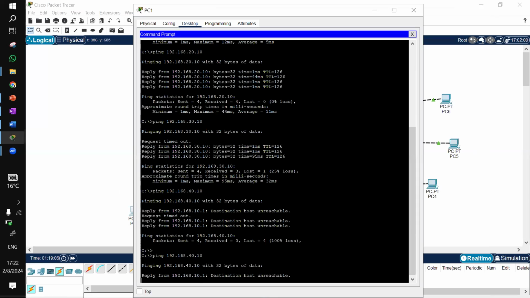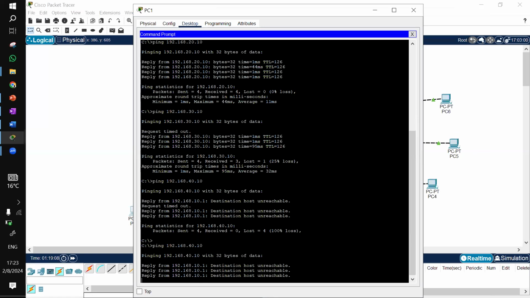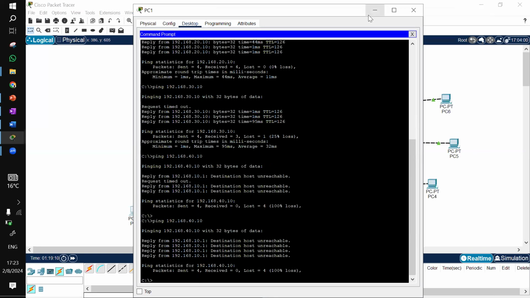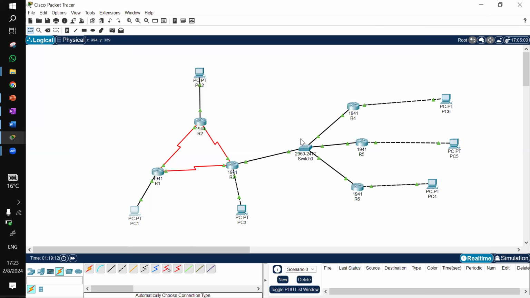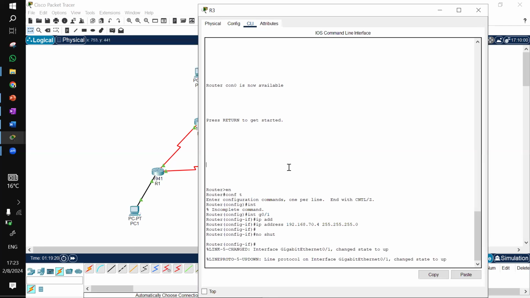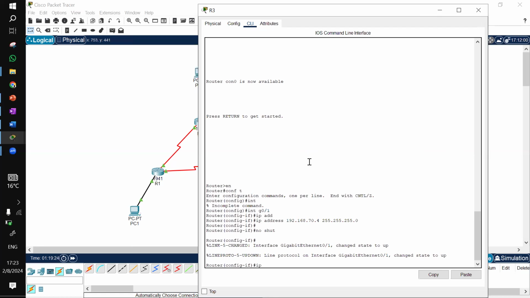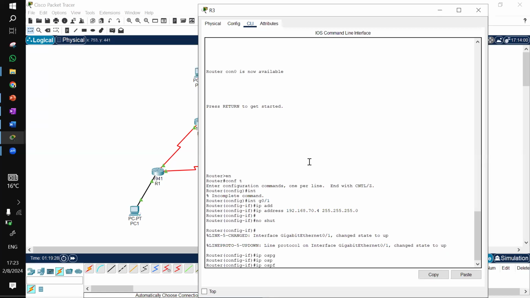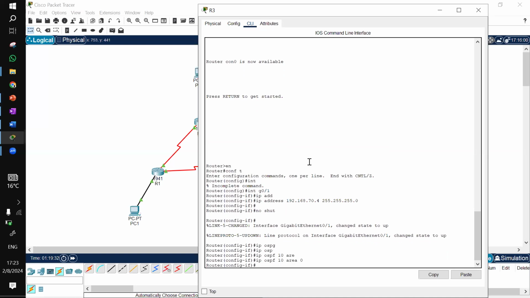Let's check, is the network up? Still destination host unreachable. What else? Something we didn't configure. Okay, this network here. We did not configure this network, but the router also has that network. Okay, let's go directly into the interface. IP OSPF. I hope that's it. That's 10 area 0.